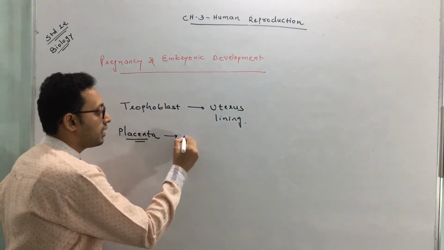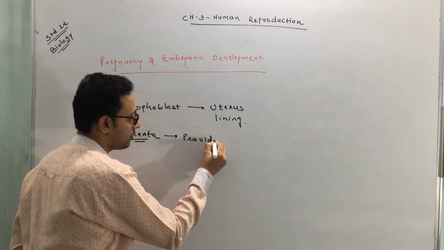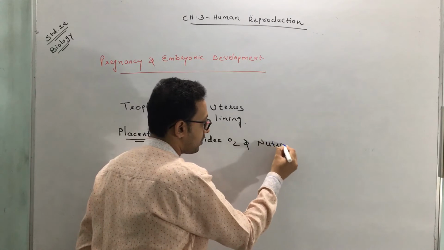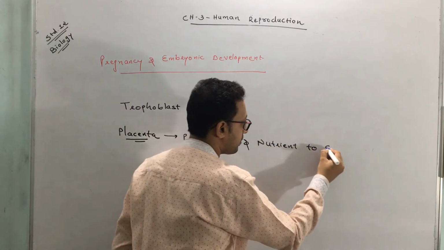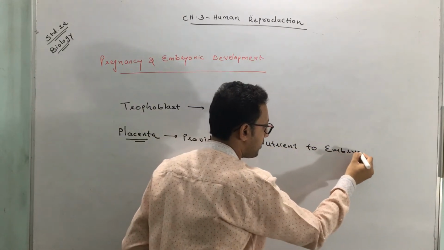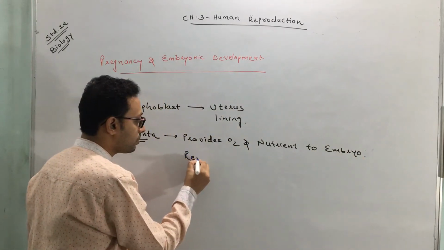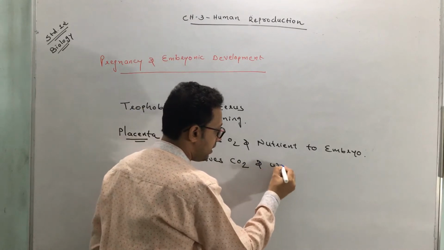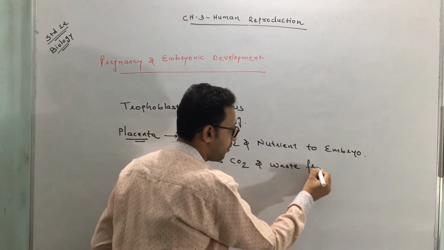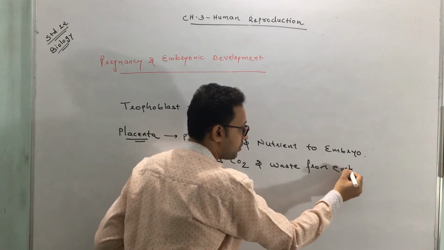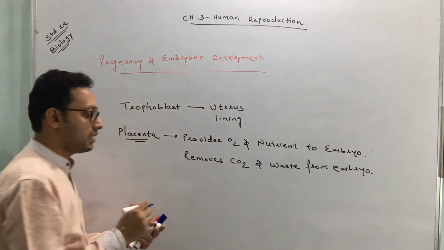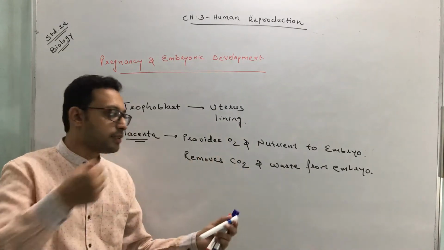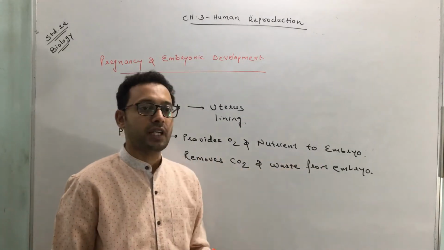The placenta provides oxygen and nutrients to the developing embryo, and it removes CO2, carbon dioxide, and waste from the embryo.